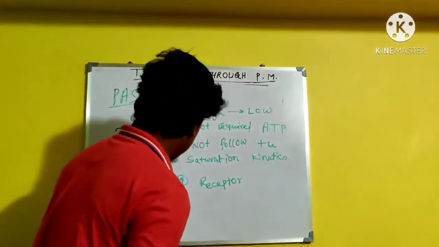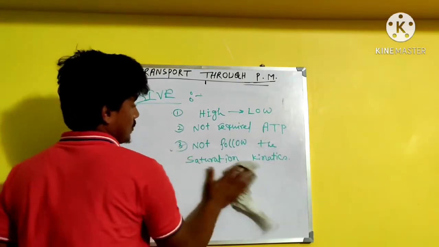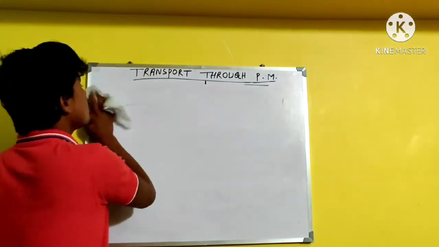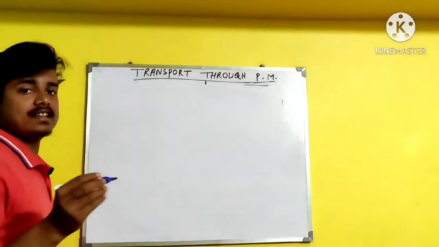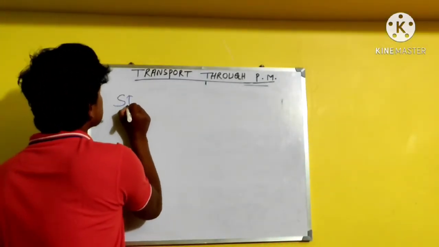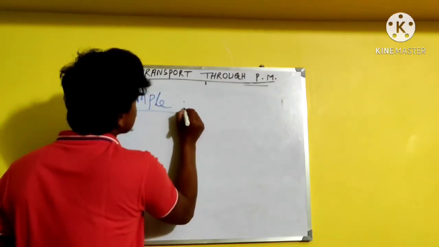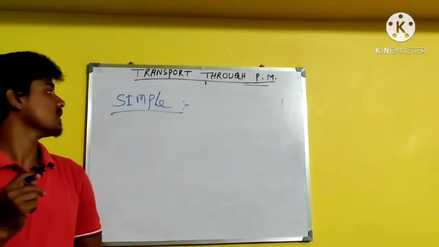Let's come to simple diffusion. Passive transport is divided into two parts: one is simple diffusion, another is facilitated diffusion. What actually happens in simple diffusion?